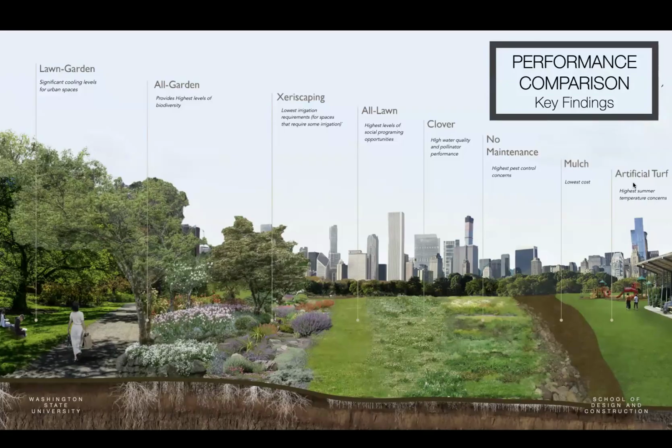Maintenance requirements vary dramatically, with synthetic turf and mulch requiring the least input, while gardens need the most care. Most importantly, for livable cities, the combination approaches, particularly garden designs, consistently deliver across multiple performance objectives without major trade-offs.